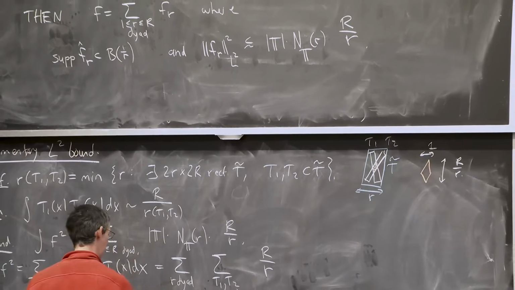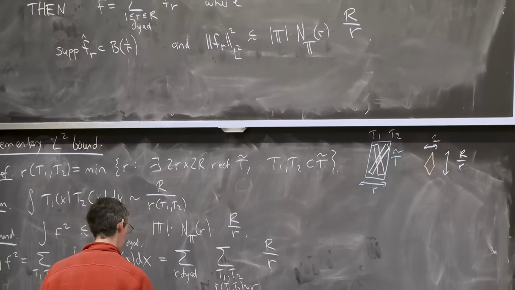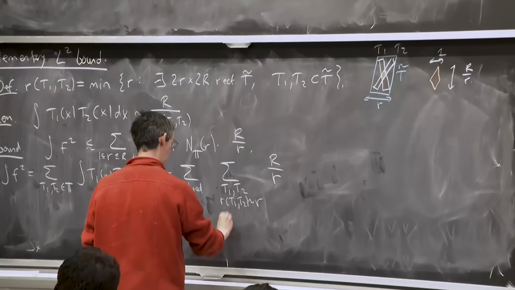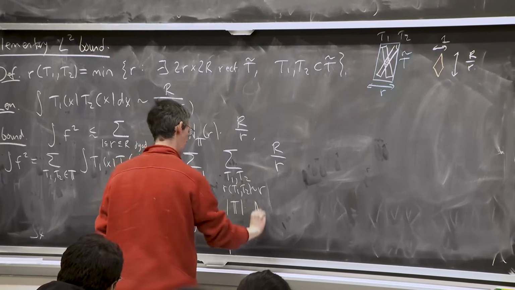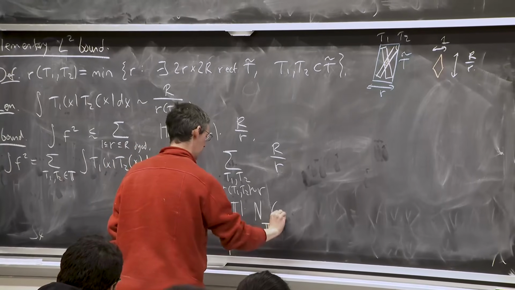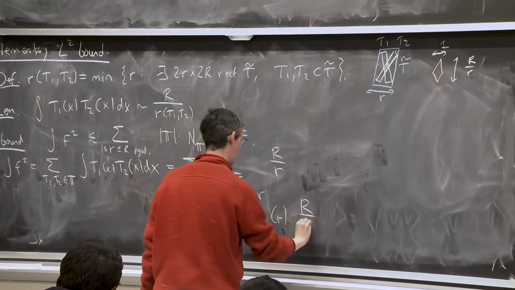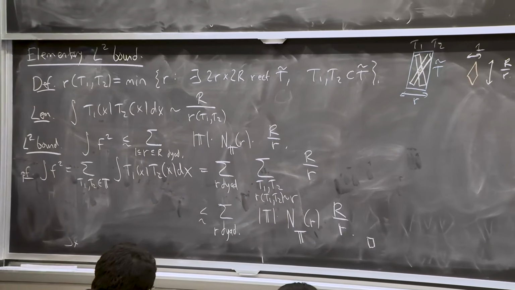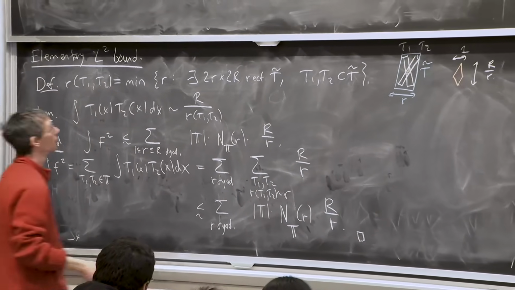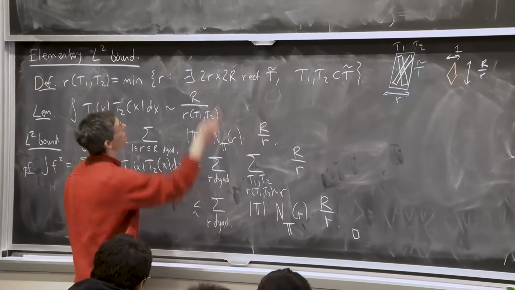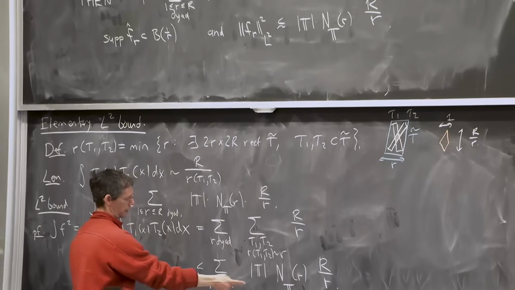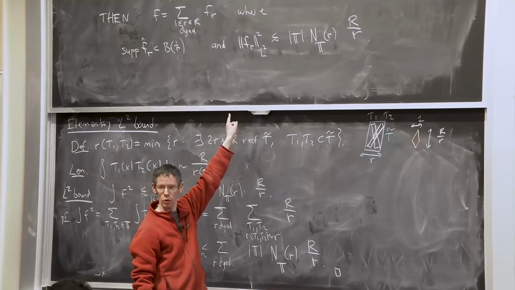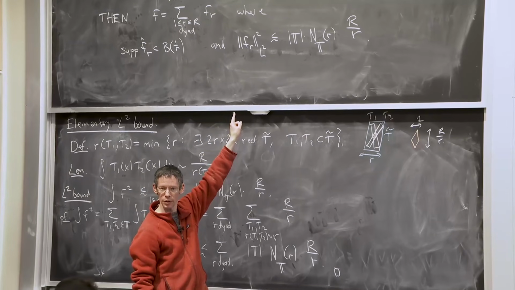So this is bounded by the sum over r dyadic of the number of tubes times N_T(r) times big R over little r. Great. So let's compare this with this. This is exactly what we get by just adding up all those L2 norms for the f_r.